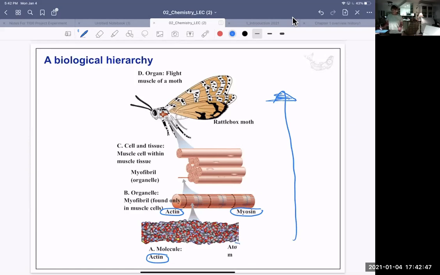So atoms have some properties due to the number of electrons they have, the number of shells they have, for example. When the atoms get together and form, in this case, actin, which is a molecule, the molecule is a contractile molecule.